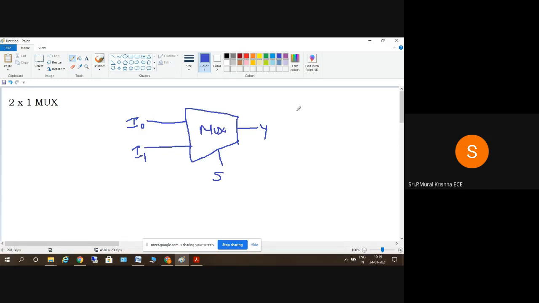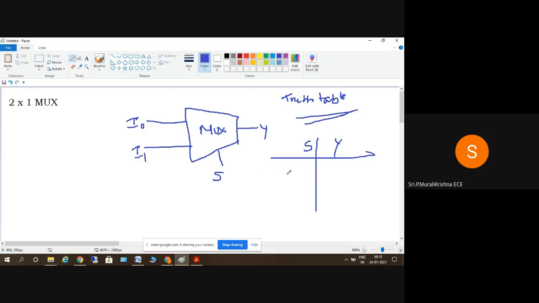Now we'll go to the truth table. In the truth table, the first columns are the selection lines, and the output Y will be one among the two inputs, so Y will be in terms of I0 and I1.